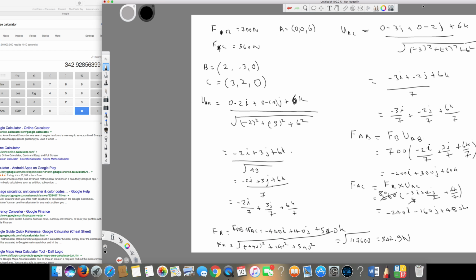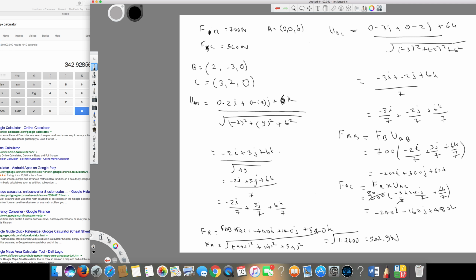Now we have to find alpha, beta, gamma. We don't have enough space here. To find alpha, it's going to be the I component. So cos alpha is going to be equal to minus 440, which is my I component of the resultant force, over 340.9 Newton.